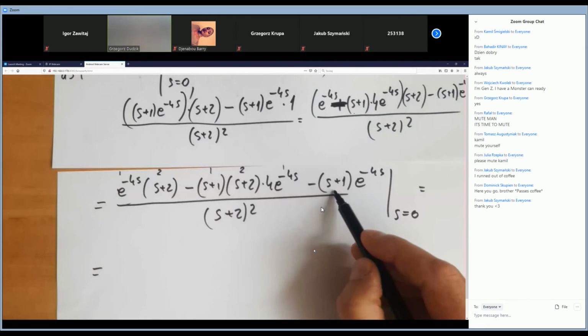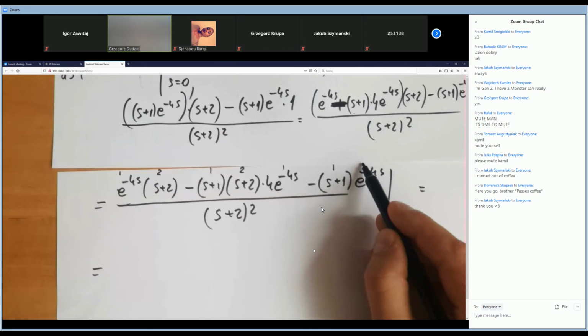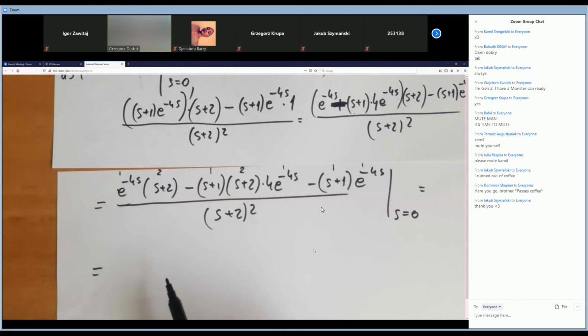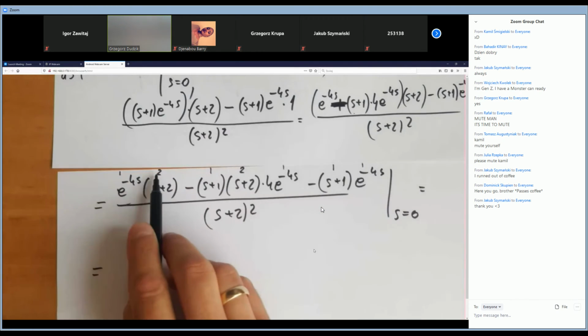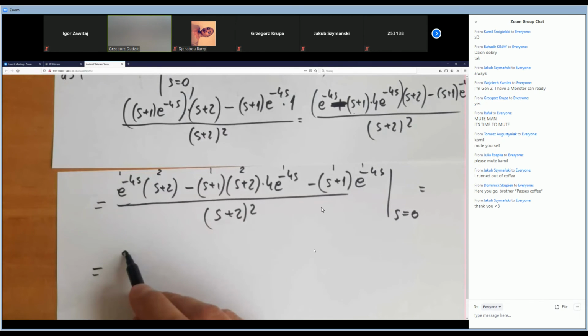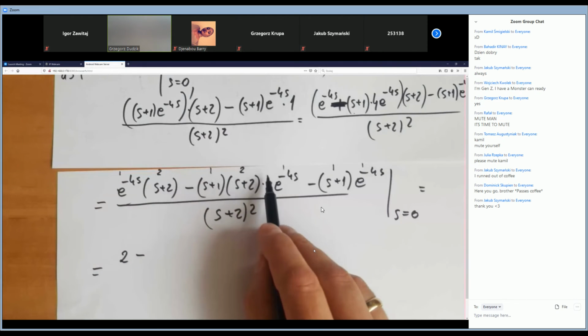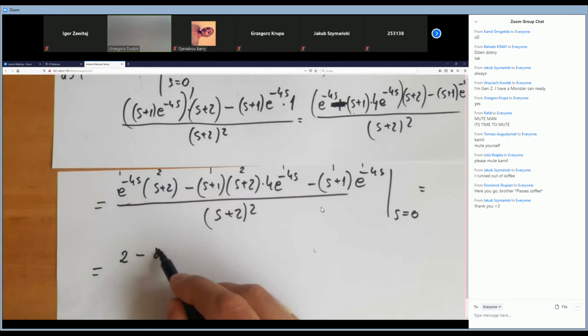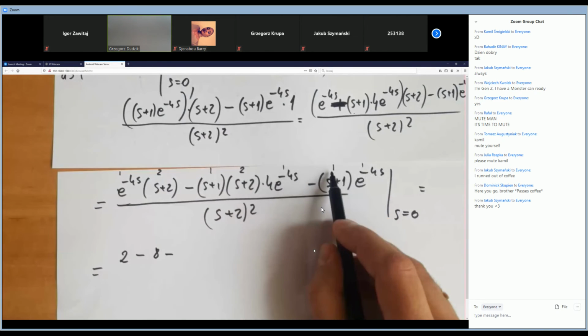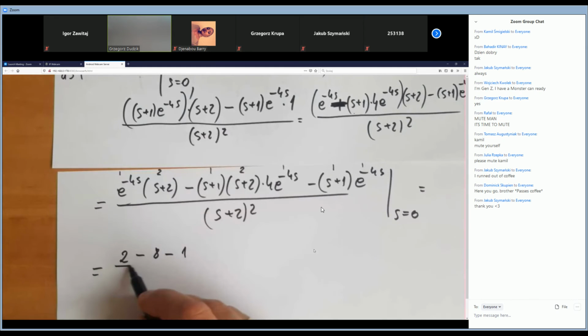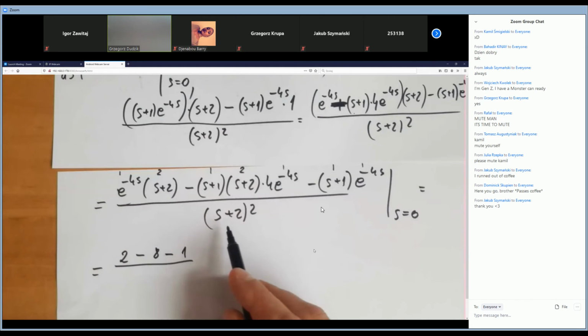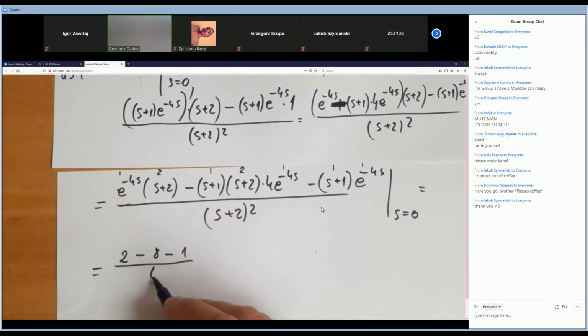And here it is 1. So as you see, I've got 1 times 2, it is 2, minus 1 times 2, it is 2 times 4, it is 8, times 1, it is 8. Minus 1 times 1, it is 1, over 2 squared, it is 4.